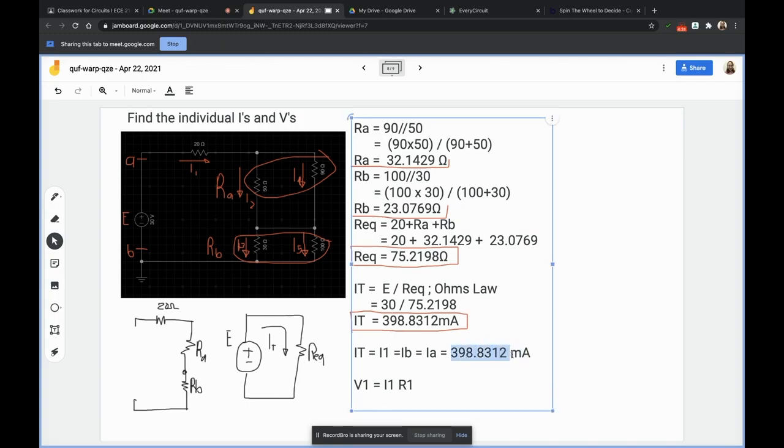Times R1 is 20 ohms. So that is 398 milli times 20. So meron kang value of voltage V1.